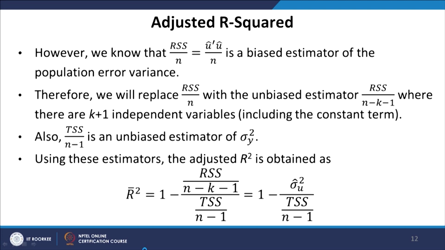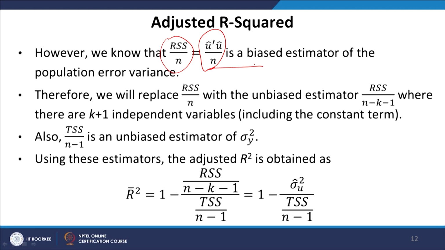However, we know that RSS upon n, which is u hat prime u hat divided by n, is a biased estimator of the population error variance. This is something we have already proved: the residual variance is not an unbiased estimator of the population error variance.